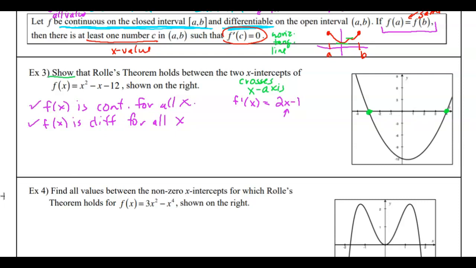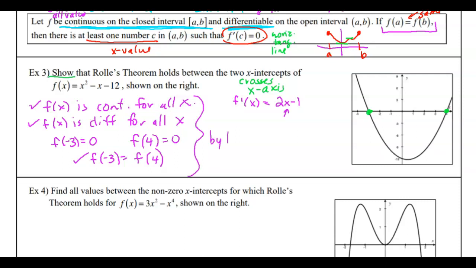And then the third thing is you have to show that f of -3 equals 0, and f of 4 equals 0. So, okay, f of -3 equals f of 4. So we've got our two y values that are the same. Okay. So then it says somewhere between these two green dots, you had to have a high or low point. So we showed all of these.